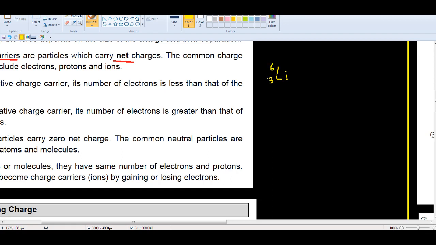So that's a lithium atom, with 3 protons and 3 neutrons.